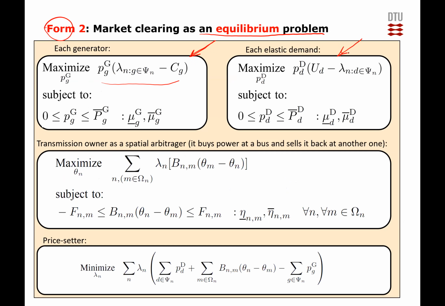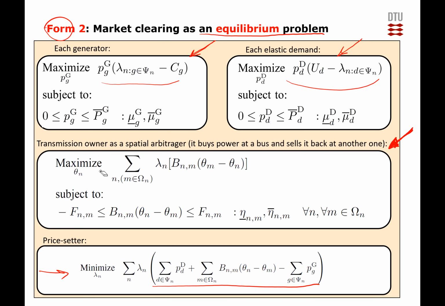We have one optimization problem for each elastic demand who maximizes the utility. We have a price setter, which imposes the power balance equality for each bus. But we also have now an extra player, which is the transmission system owner.